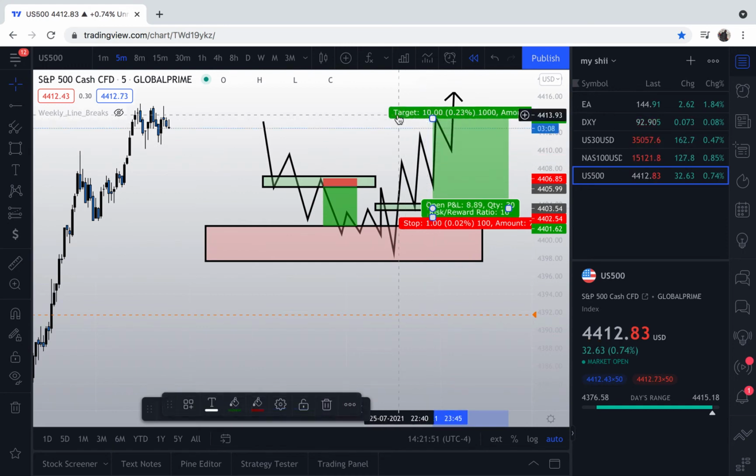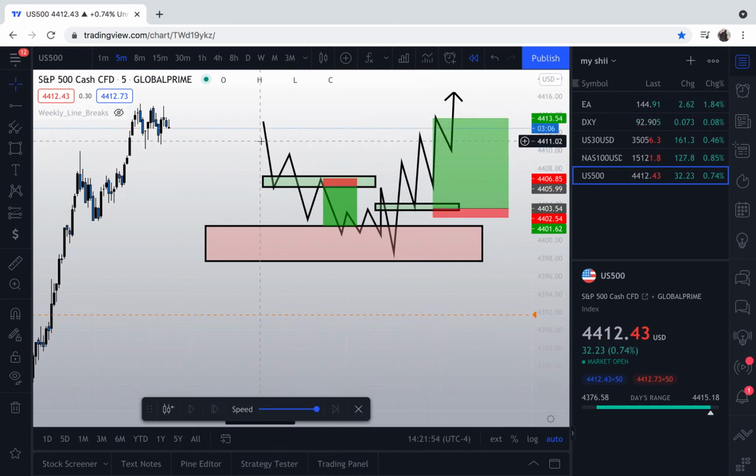Let me just color this so you can see a little bit better. All right. So these are the two ways, in my perception of seeing smart money concepts, that you can get active in a trade: either off the continuation pattern or off a reversal pattern.